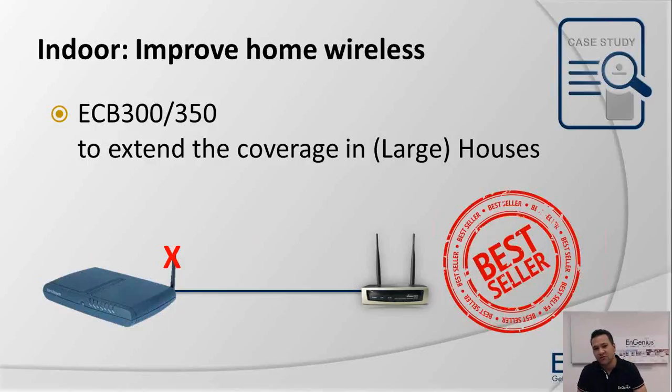So in this slide, I just point out that even if we have industrial grade or office grade devices, there are some other deployments where customers find a good solution in our products.